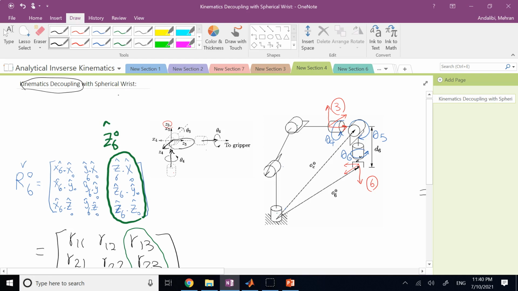Now, with less than 6 degrees of freedom, you cannot get much dexterity, but maybe you don't need it. So you have to see what you really need, and based on that, try to solve the problem with minimal degrees of freedom.